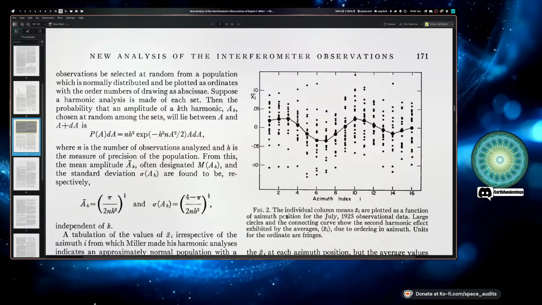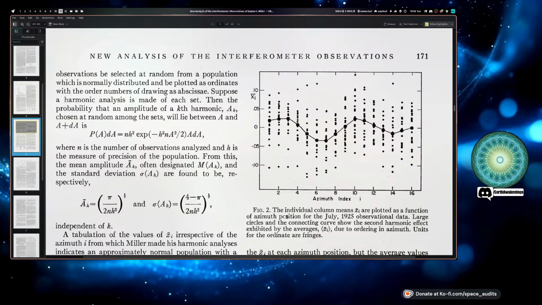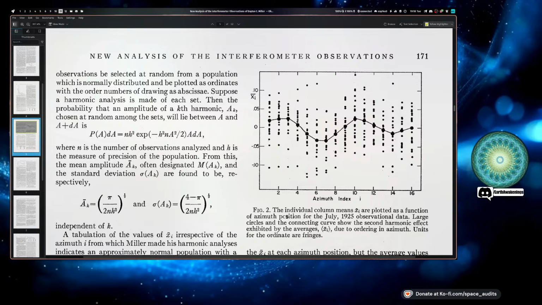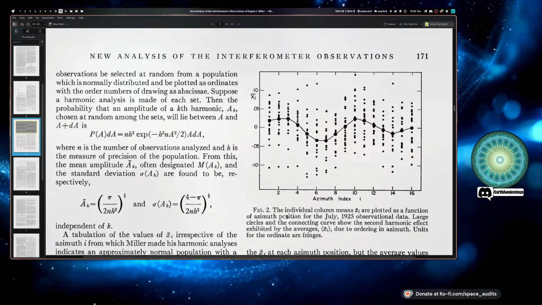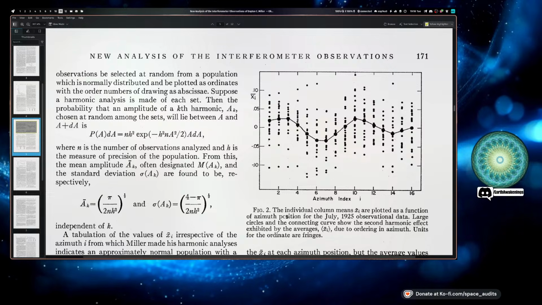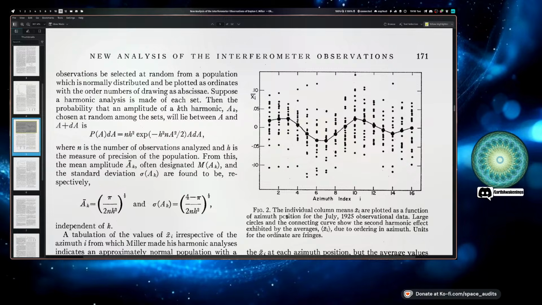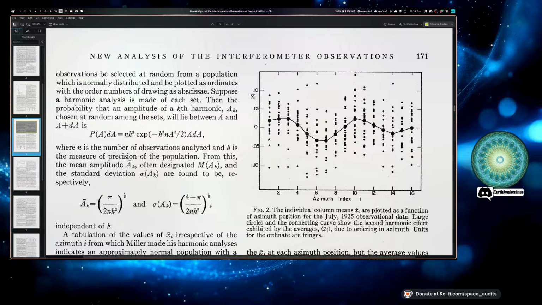So what he's done here in figure 2 with the black circles, that is merely the average of each vertical column's set of readings, regardless of how wide they are, regardless of how much noise is there. And subsequently, in the next page or so, he's taken those values 1 through 8 and 9 through 16 and superimposed them on each other.